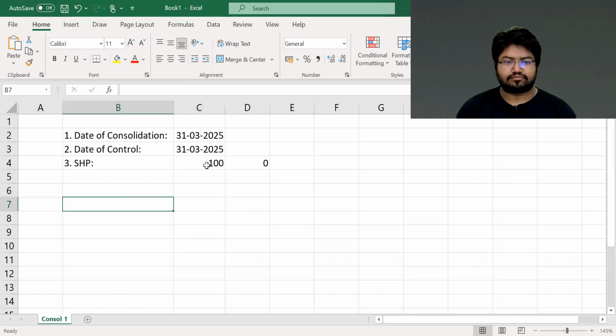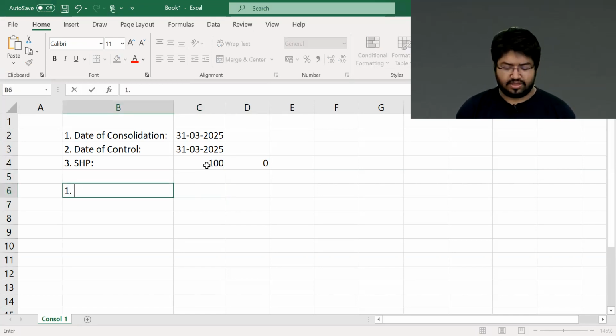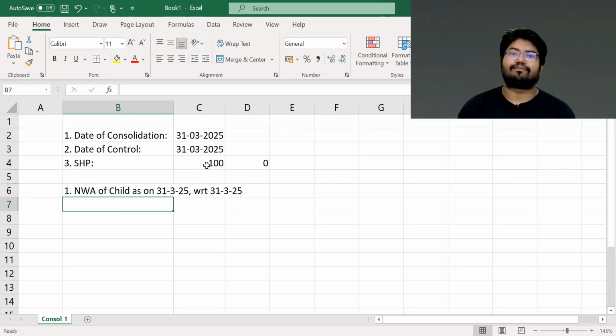Next, now let's go to step 1, net worth analysis of child as on 31st March 25, with respect to again the same 31st of March 25.